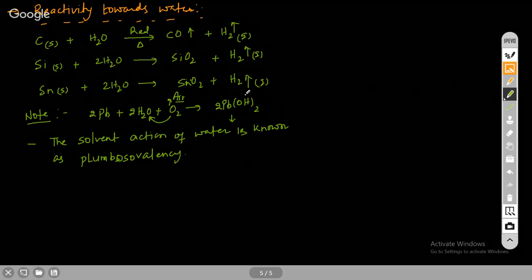So all these elements react with water, but lead generally does not, unless the water is pure and air free. If not air free, it forms Pb(OH)2, which is again water soluble.